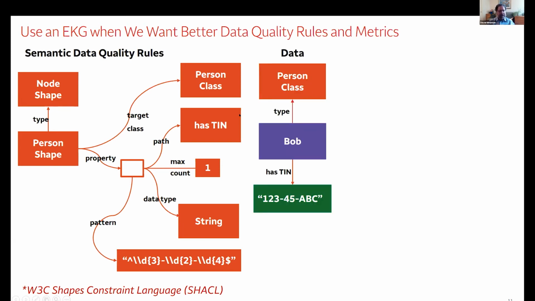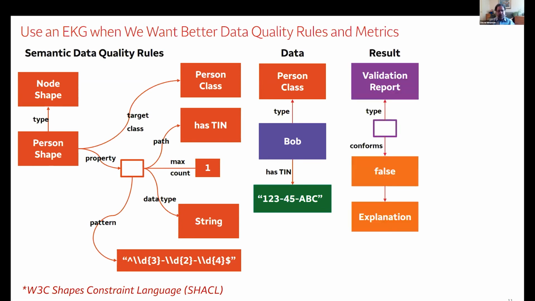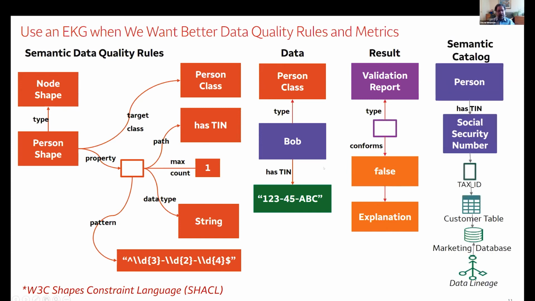So when we actually have data ingested into the knowledge graph, Bob is a type of person. Bob has tax ID number 12345 ABC. Well, we'll know something is wrong with that by executing this SHACL execution capability, which will automatically detect that this value doesn't match the pattern, and it will generate a report that describes why it's non-conformant.